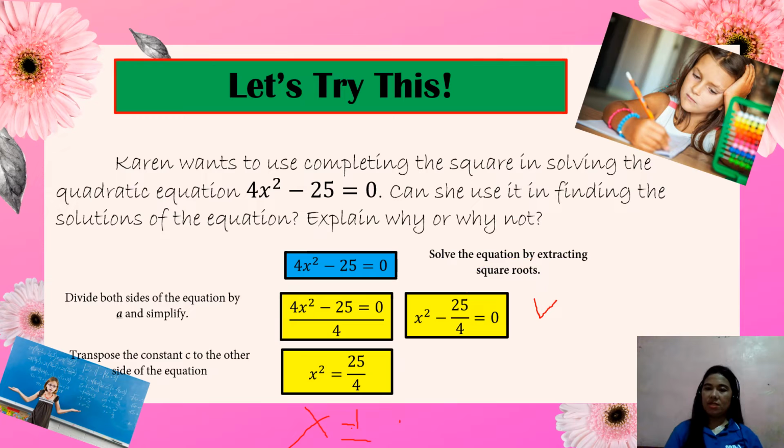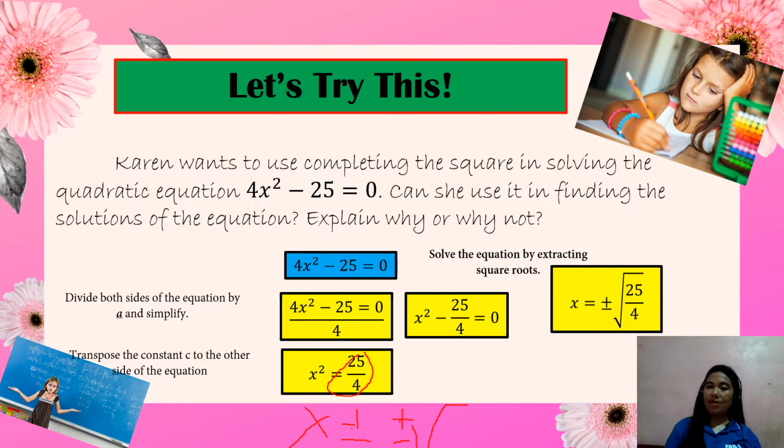Okay, erase that and that one. Okay, so x squared will become x, and then the exponent 2 shall become the positive and negative square root sign. And then we're going to put in the 25 over 4 inside the square root sign. Okay, so the equation will become this way.